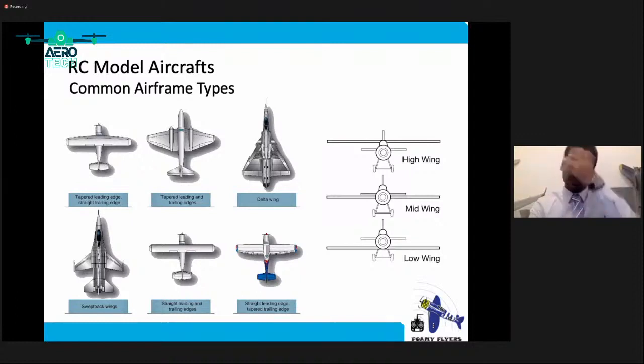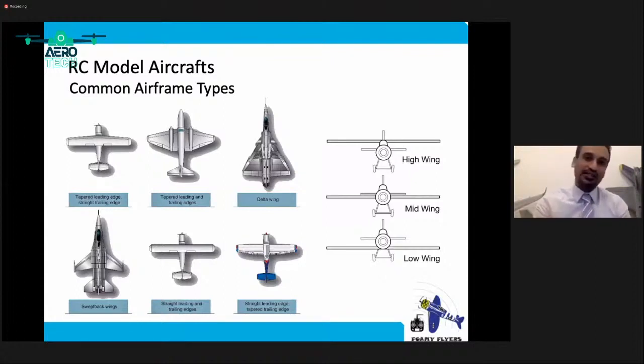Sure, thanks. So now you have decided on the materials that you want to buy to build the aircraft. Now we'll talk about the common aircraft frame types. For example, you can have these particular types, which are in the picture. Normally, the most commonly used aircraft type has straight leading and trailing edge wings, which is very good for training newer pilots on the behavior and how to fly an RC aircraft.